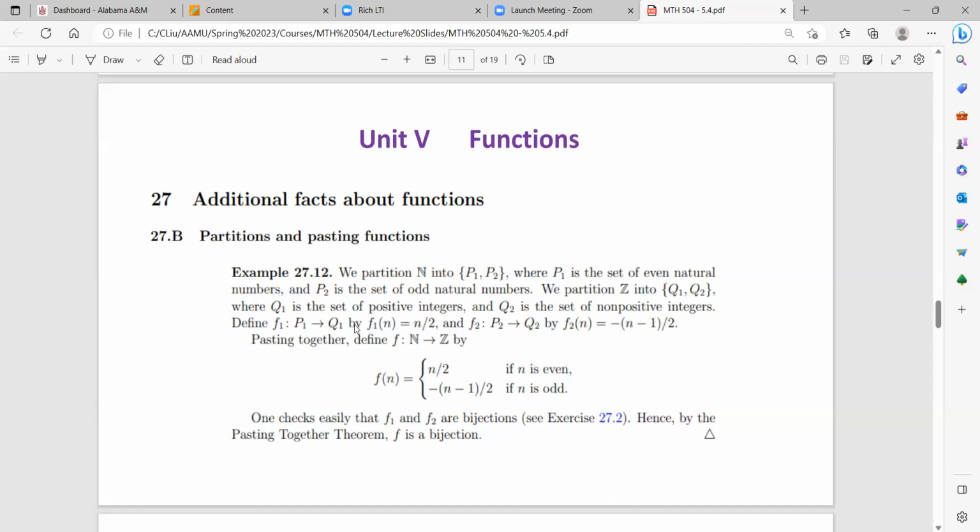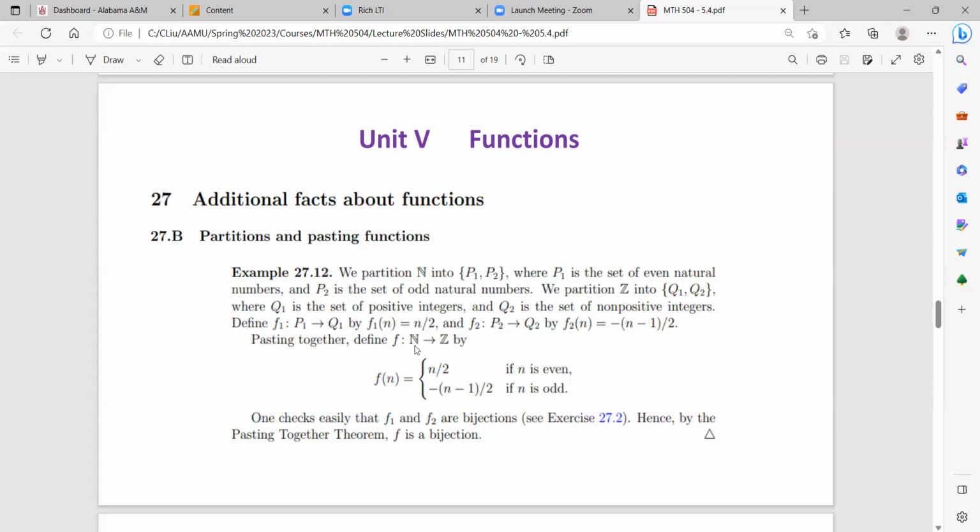So it's one-to-one, and it is also onto because the even natural numbers start with 2 and go 4, 6, and so on. If you divide by 2, you get 1, 2, 3, 4. So that makes the whole positive integers. I'm sorry, right?